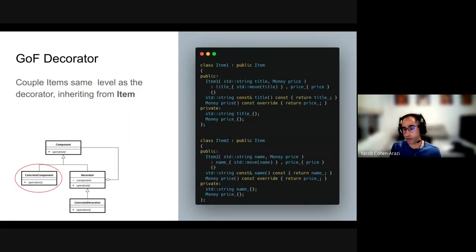So we have a concrete item. Remember, having a decorator pattern doesn't preclude having just a concrete item. So I can have item 1 and item 2, and they have all kinds of functionality. Inheriting from item means that if I want to create a concrete instance of this type, I need to override the price.